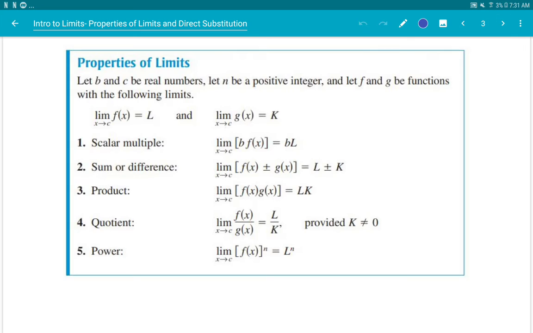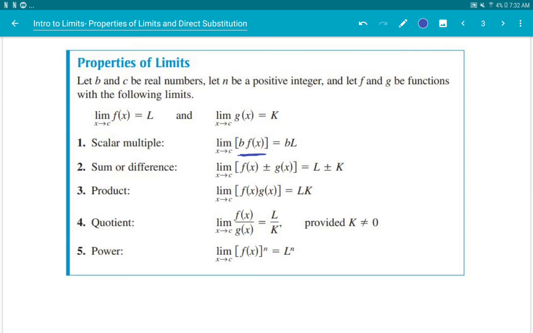So let's go on to the properties of limits. All right, so now these are properties of limits. The idea is they all help us out later on. What you want to understand is, the first one is you're taking the limit of a function times a coefficient.